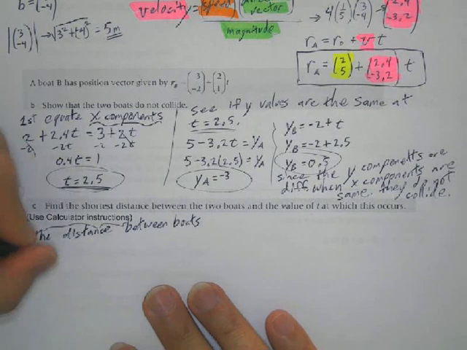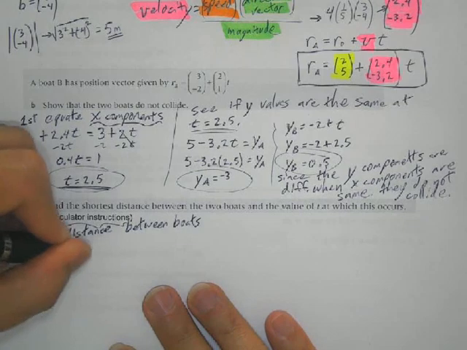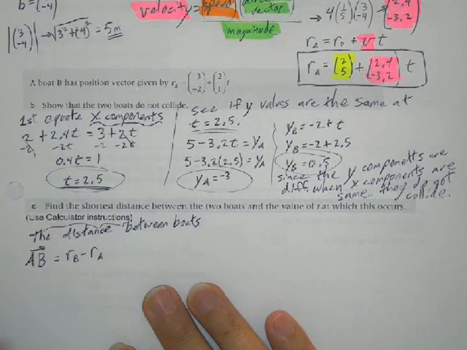So RB minus RA. If we're just trying to find the distance, it doesn't matter which one's first because we're going to do absolute value to find the distance anyways.